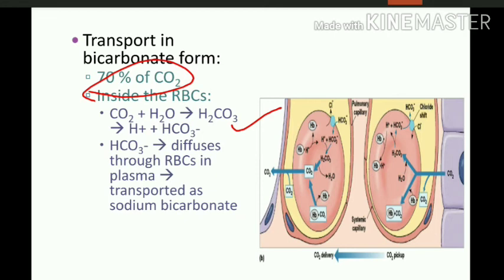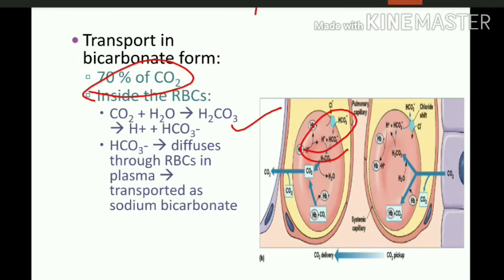This carbonic acid is further converted into H+ and HCO3-. The H+ ions bind with hemoglobin and form HHb, deoxygenated hemoglobin. Now what happens to this HCO3-? It diffuses out, and this HCO3- transport is associated with the transport of chloride ions, and this is known as the chloride shift.